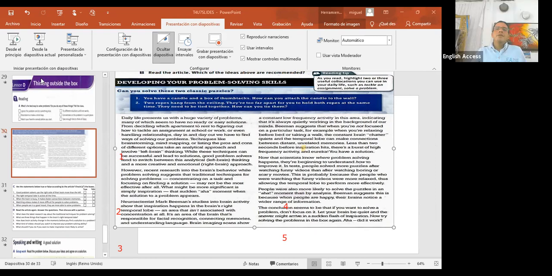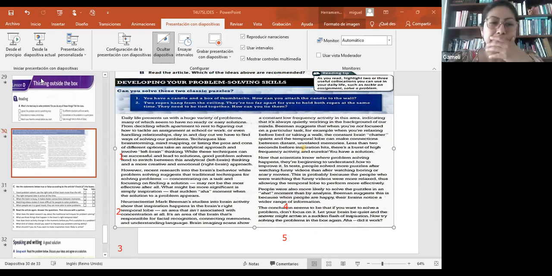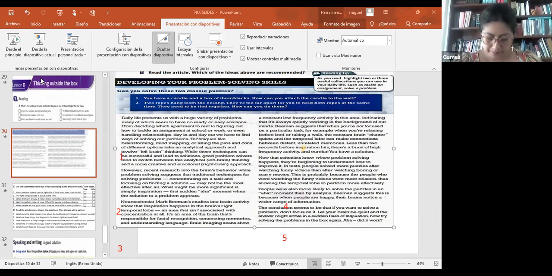Okay, Gameli, you want to be first? Tell me your ideas about summarizing this article. Well, the author says that when we have a problem or we need a solution, we need to be relaxed.